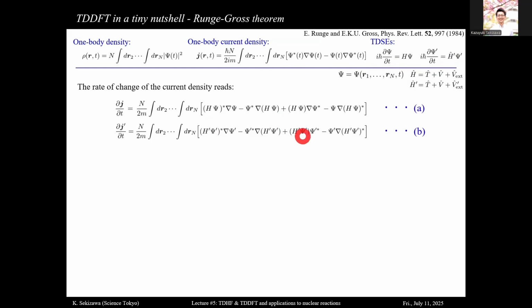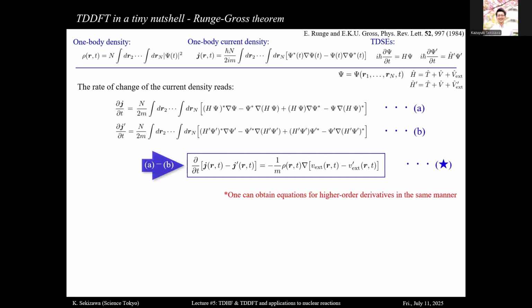Okay. So this is just an equation coming from the definition of one body current density, and taking the time derivative, you can get these equations. Okay. So let's say those equations A and B respectively. Okay. And by taking the difference A minus B, you will get this equation.